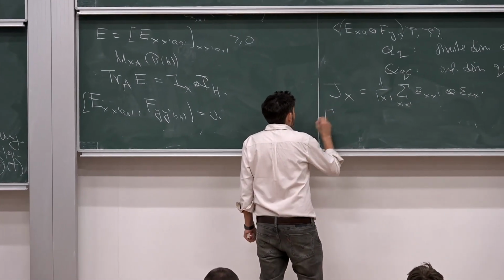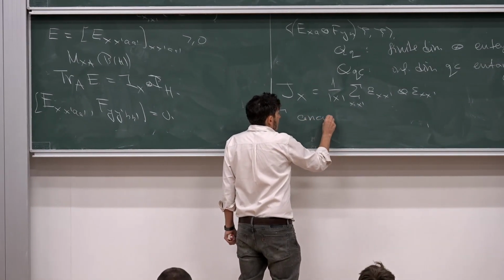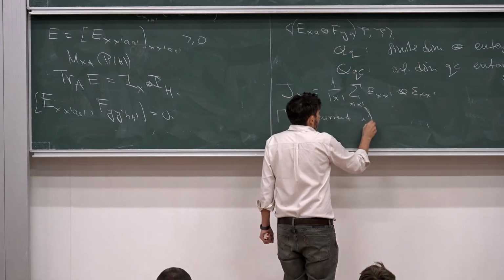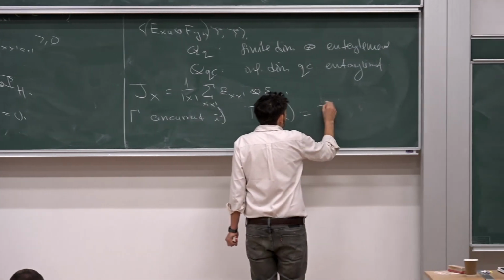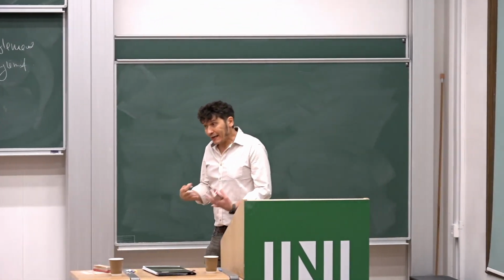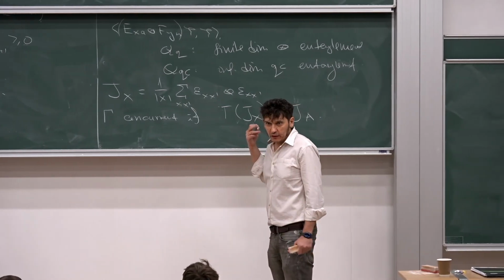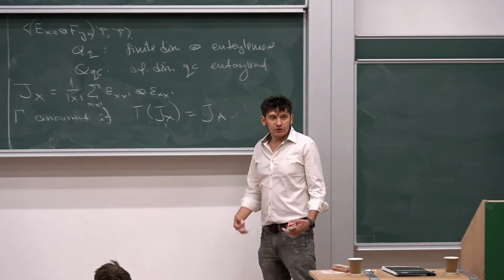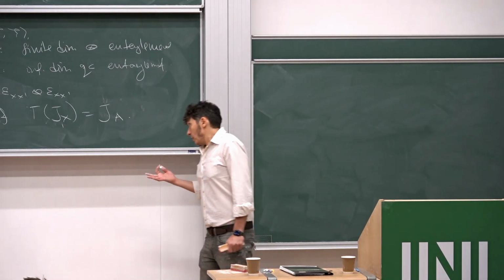So gamma is called concurrent if it preserves the maximally entangled states. So I want to make the claim that this is a natural condition that generalizes classical synchronicity to the quantum setting. Why?